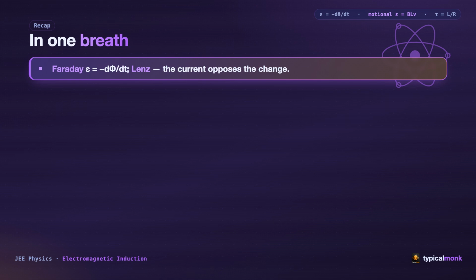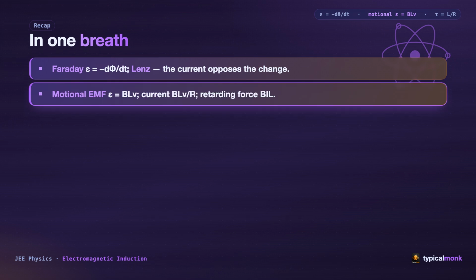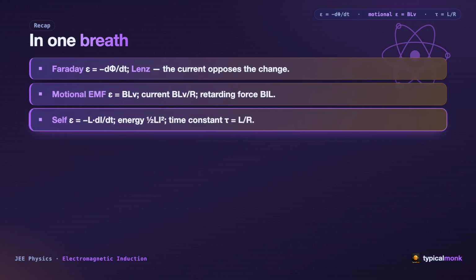Let us gather it all in one breath. Faraday, the EMF equals minus d phi by dt, and Lenz, the current opposes the change. The motional EMF equals BLV. The current is BLV over R. The retarding force is BIL. Self-inductance, the EMF equals minus L di by dt.